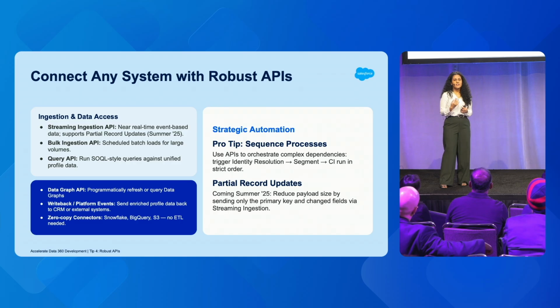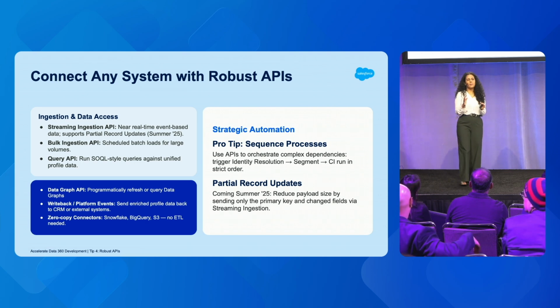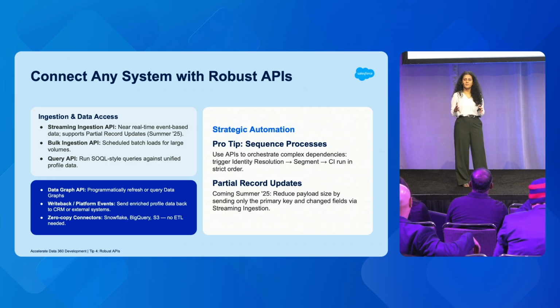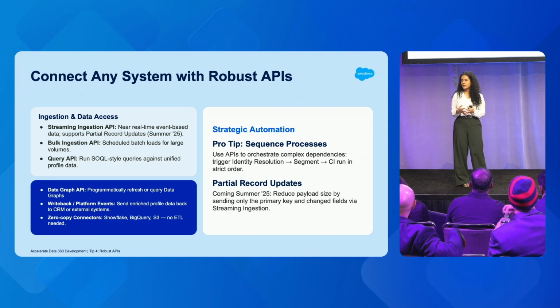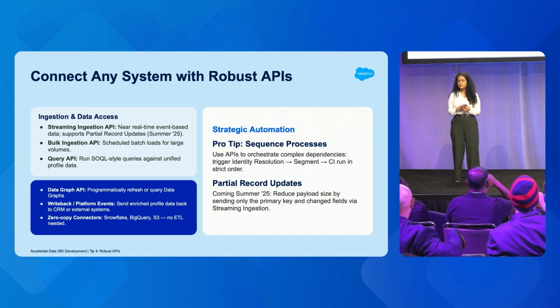That's saving you a lot of records, and again, you're saving on credits. Next would be the bulk ingestion API, where you're getting a large amount of data in batches. And thirdly, the query API, where you can run simple SQL queries and get your data inside. Depending on the use case, you can choose which API you want to use.